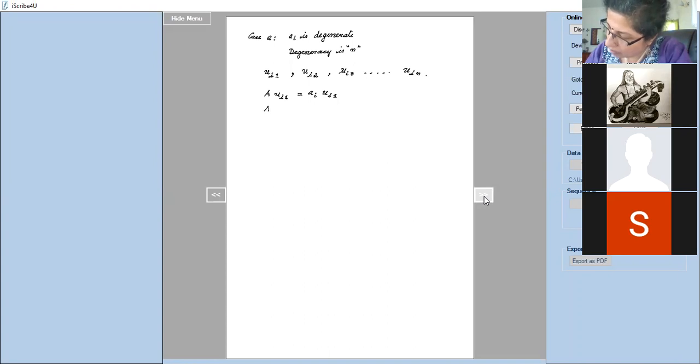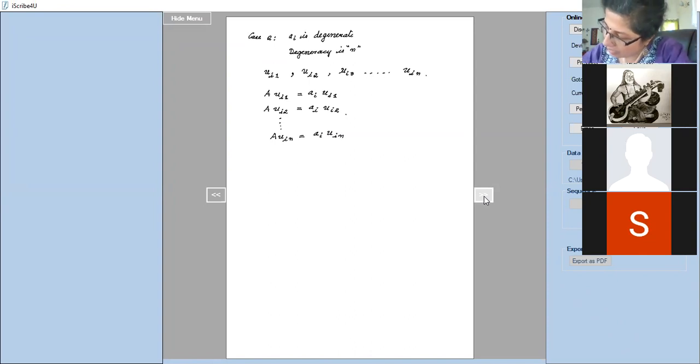A operating on UI2 also gives me AI UI2. Like this, A operating on UIn gives me AI UIn.